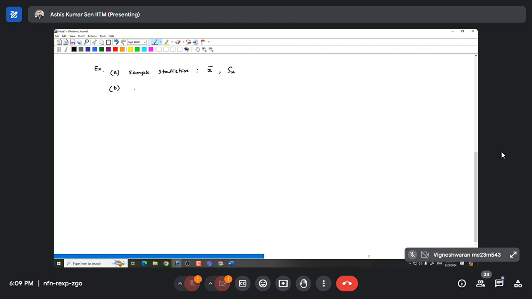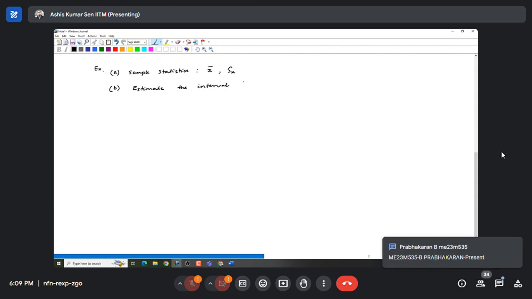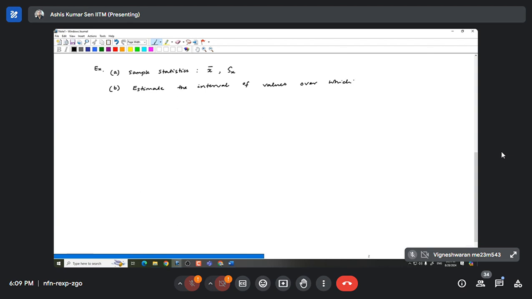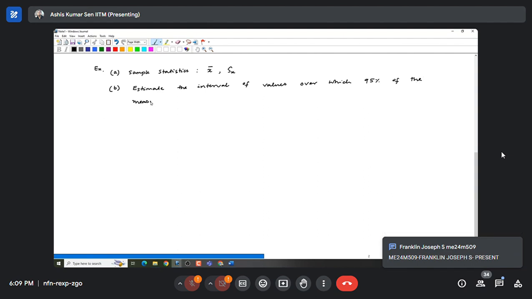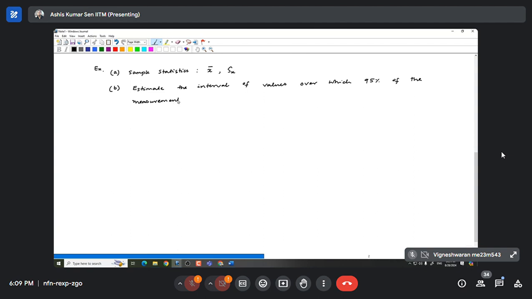Then we want to estimate the interval of values over which 95% of the measurements of X should be expected to lie.